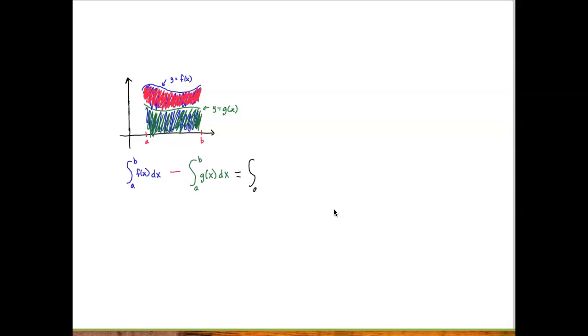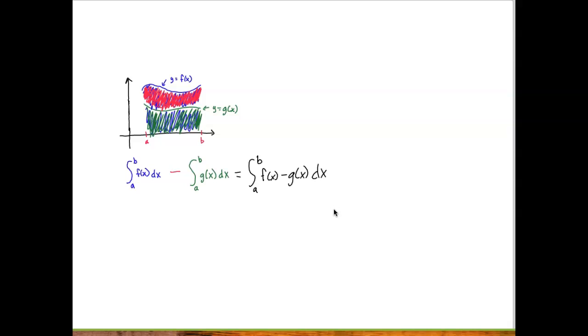That's just the integral from a to b of f of x minus g of x dx. So pretty intuitive, yeah? If you want to find the area between two curves on an interval, you're going to integrate the difference between the curves.